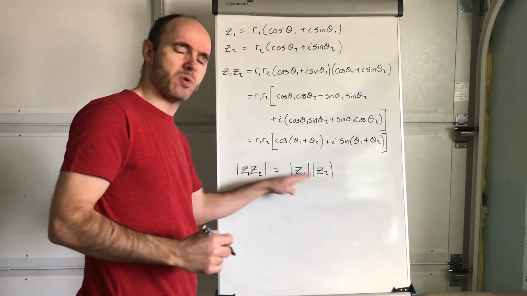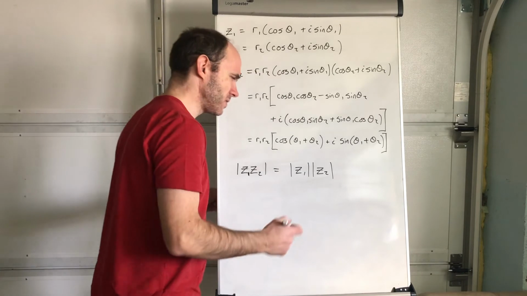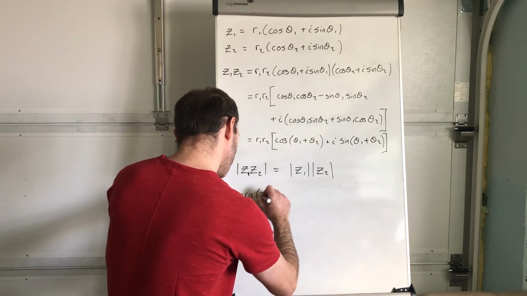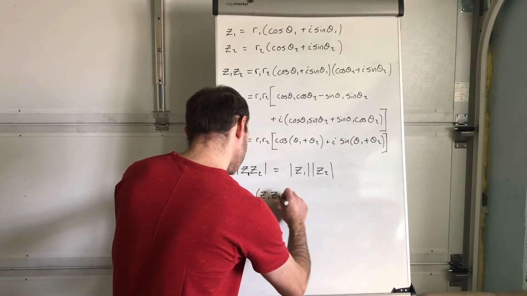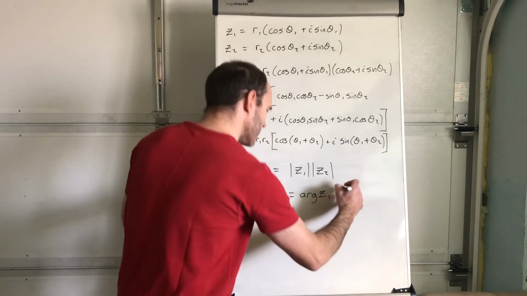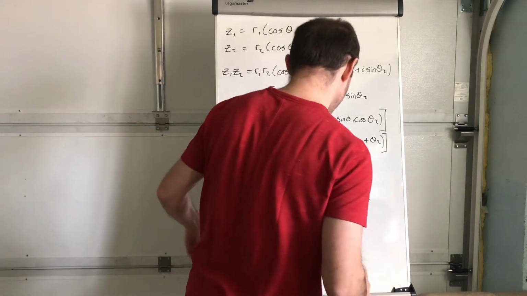That's the rule I've given you written in a more mathematical form with the symbols and notation. And similarly, if you want to work out the argument of z1 z2, you just add the arguments together. So the argument of z1 plus the argument of z2.